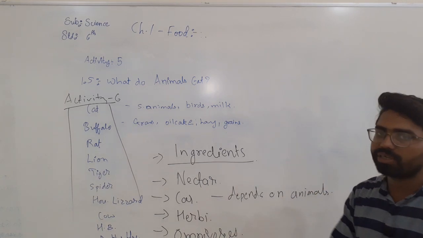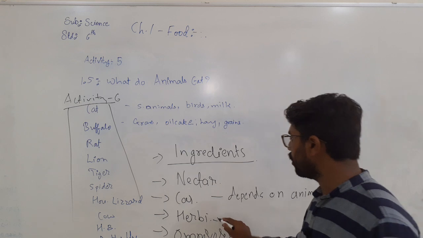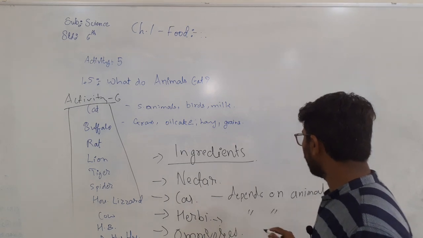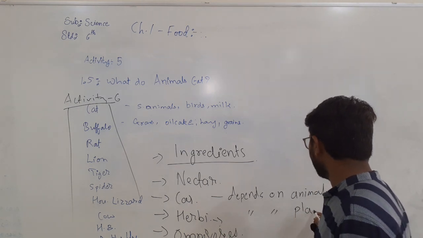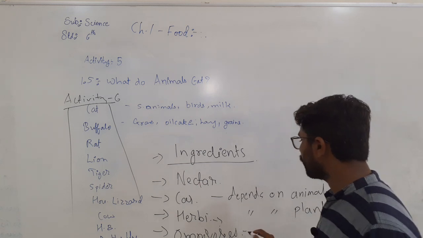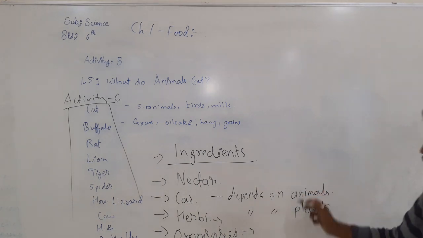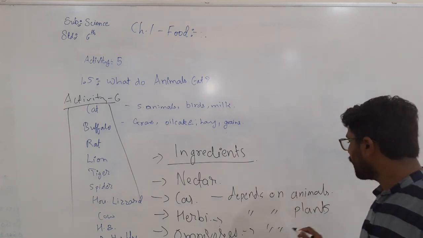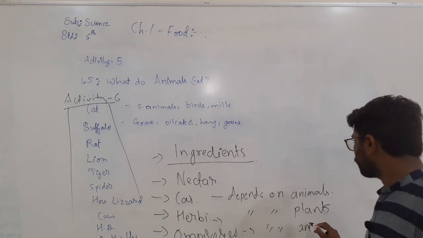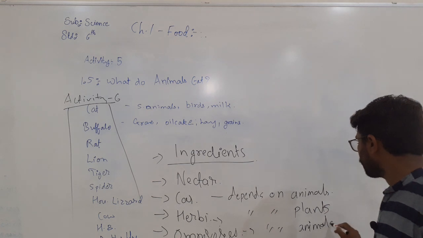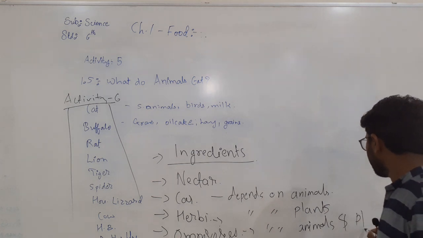Then comes herbivorous, the animals which depend only on plants. And the third thing is omnivorous, the animals which depend on both animals and plants.